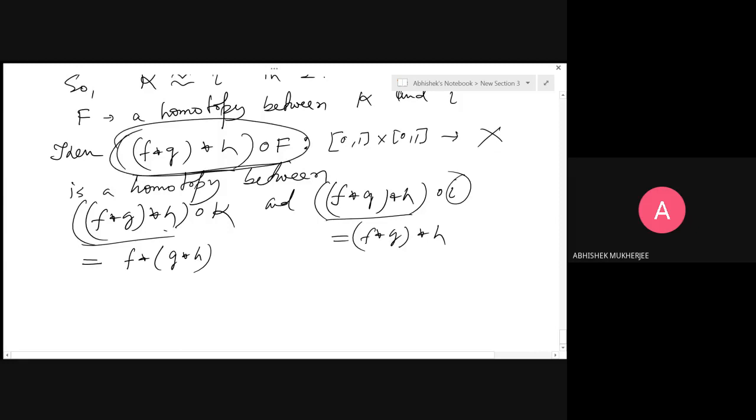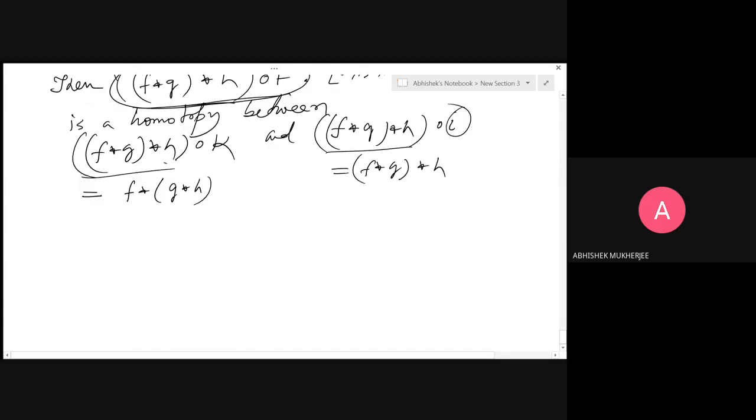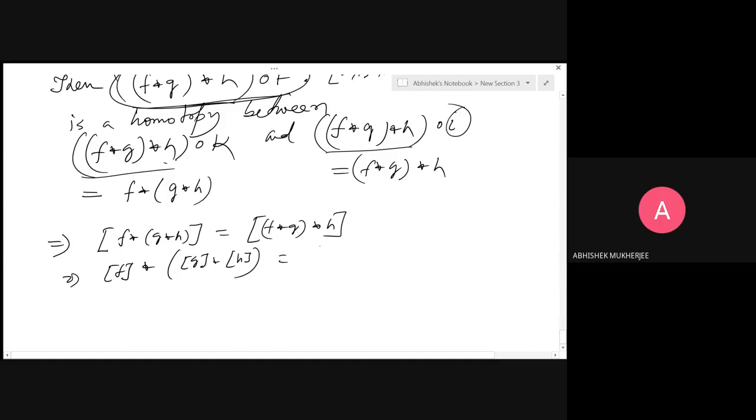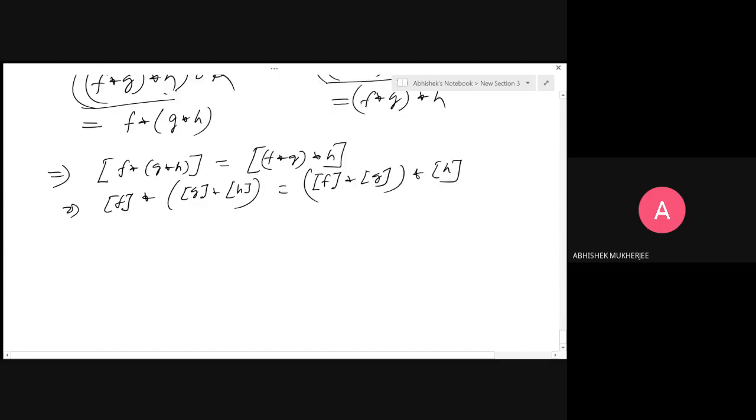That means their classes are the same. So their classes are the same, that is, [f] star ([g] star [h]) equals ([f] star [g]) star [h]. I put a bracket here, and this is h. So in this way, you have proved that the operation is associative.